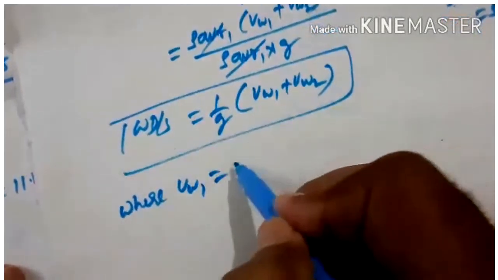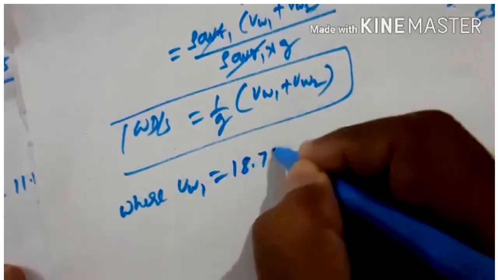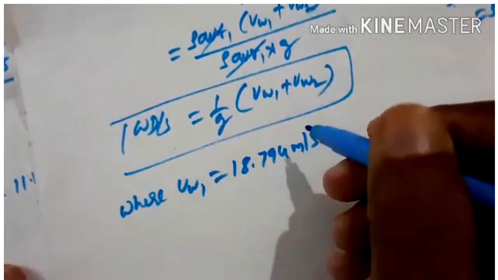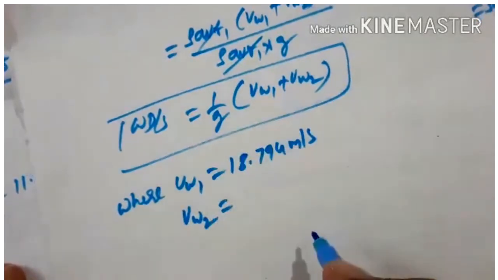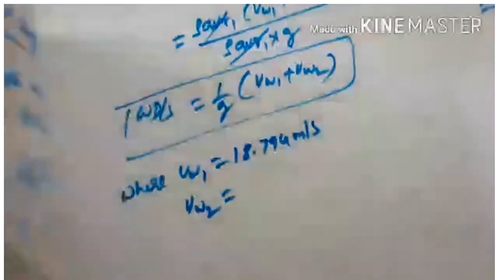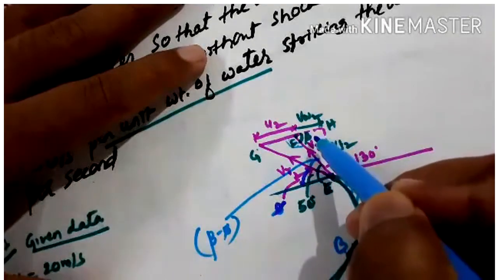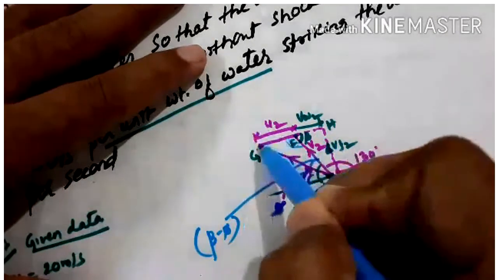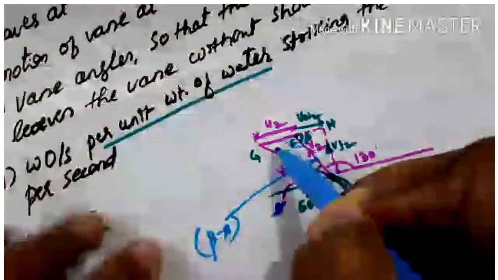Where VW1 is 18.794 meters per second. VW2, if you refer to the figure, is GH minus GF.